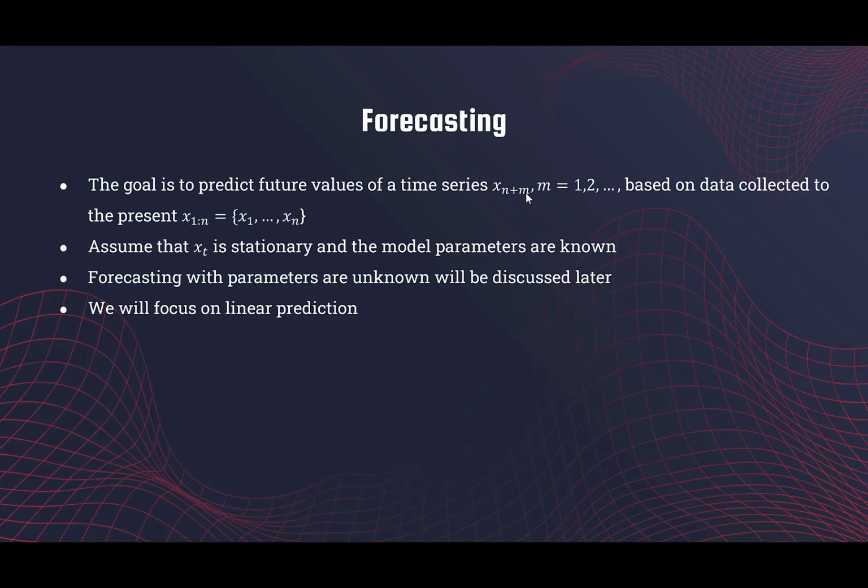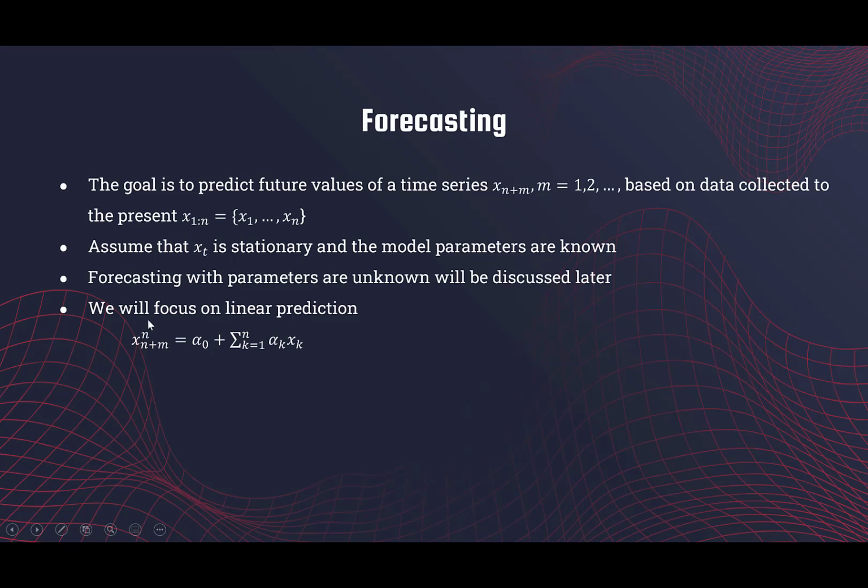When we talk about prediction, there are different models we can use, and we are going to focus on linear prediction. So what do I mean by that? Take note of this notation. We want to predict x_{n+m}, this lower subscript is the point we want to predict based on n available points.